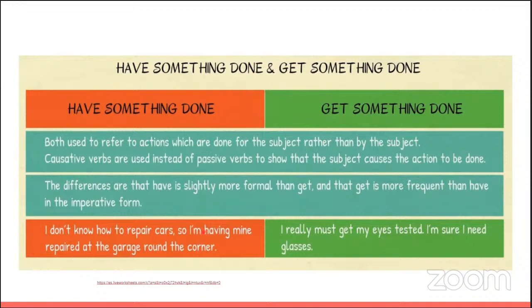Exactly. In all the other cases, the verb will be in the past participle. Okay, I understand. Sorry, talking about present, past, and everything made me confused, but yes, always in the past, except when we use have and get.